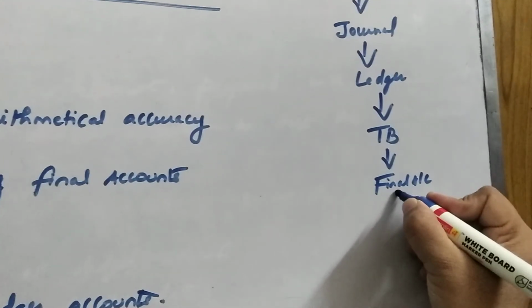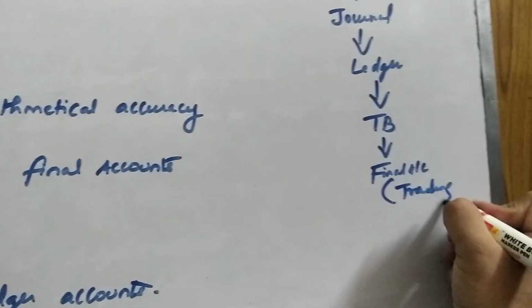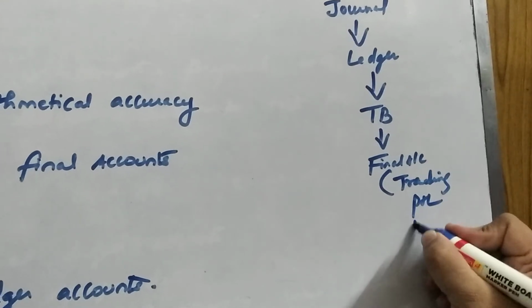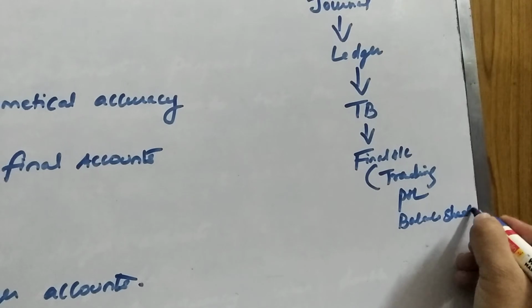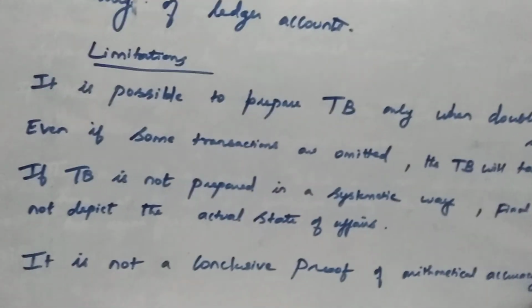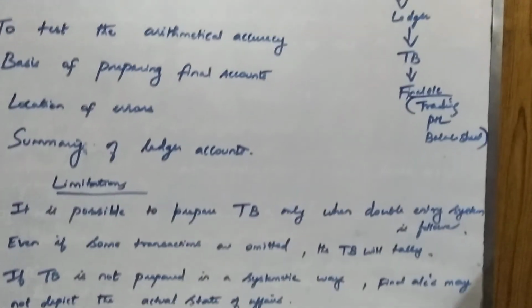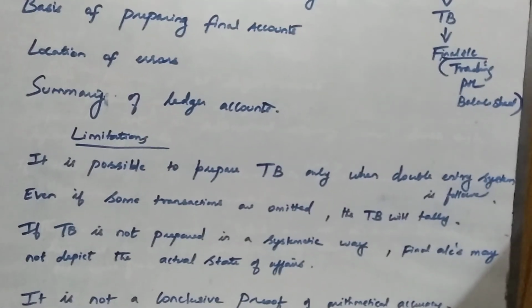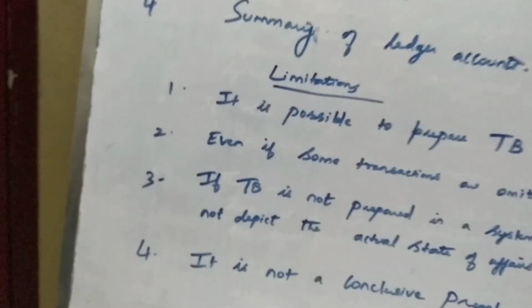So these final accounts consist of trading, P&L and balance sheet. Able to understand this? So if trial balance is not prepared in a systematic way, then your final accounts may not depict the actual state of affairs. So these are the limitations of trial balance.